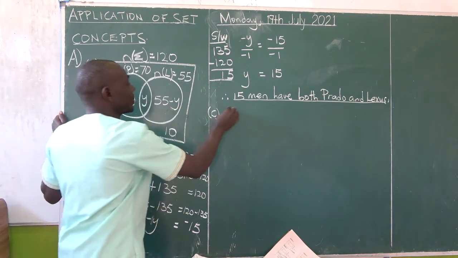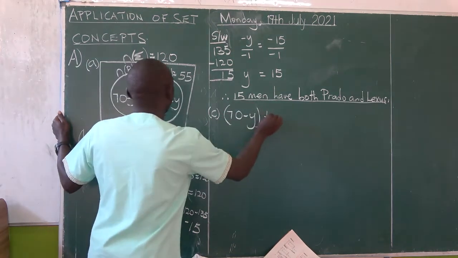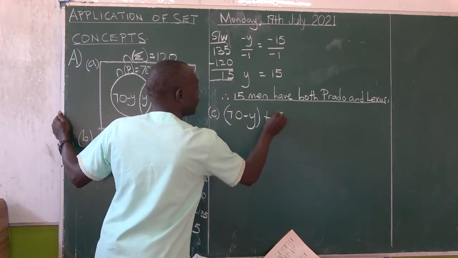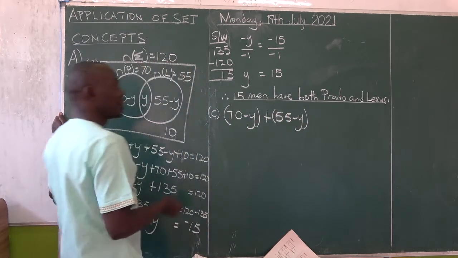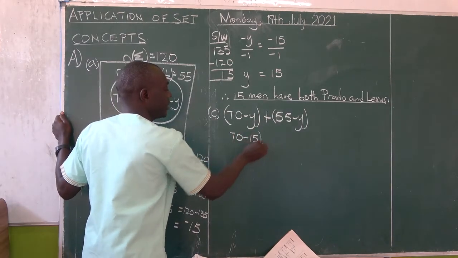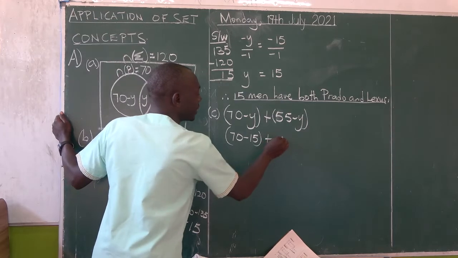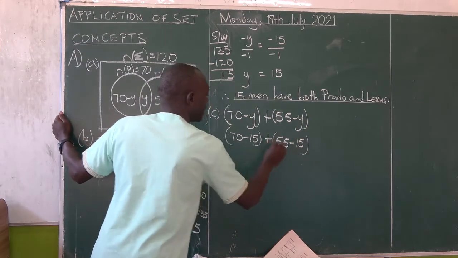So we shall use the 70 take away y value plus the 55 take away y value, where y is 15, which is 70 minus the 15, then plus the 55 minus the 15.